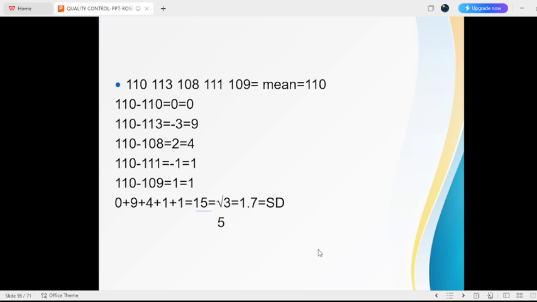Here we have a set of 5 readings: 110, 113, 108, 111 and 109. First of all, to apply the SD formula, we need to find the mean of these values. We add these 5 values and divide by 5, so we get a mean of 110. Next step, as already discussed, we subtract each value from the mean. 110 minus the first value 110 gives 0.